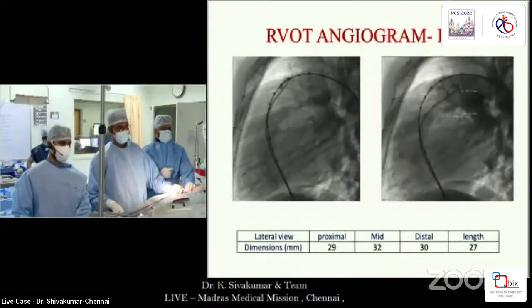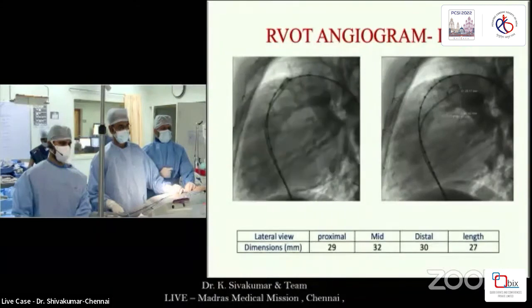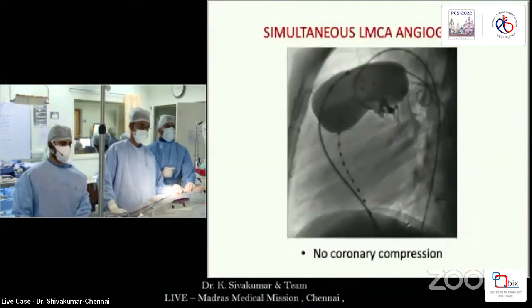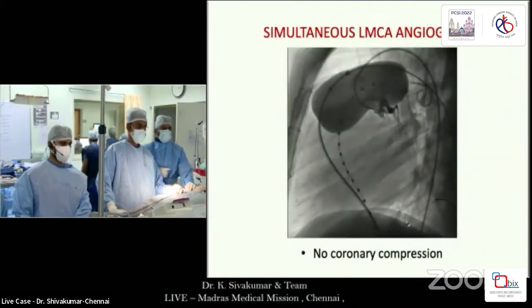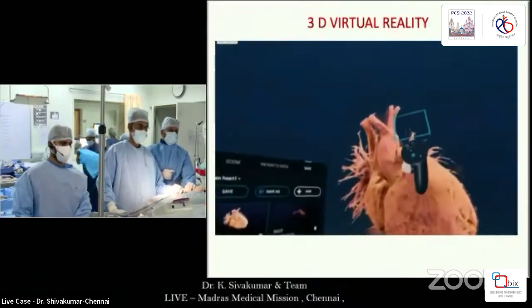The lateral view gave 29, 32, and 30 dimensions and a length of 27 mm. We did a balloon sizing, and the maximum waist was 37 in LAO cranial. In lateral, it was 32 to 33, and RAO cranial 31 to 32. And simultaneous LMCA angio showed no coronary compression.